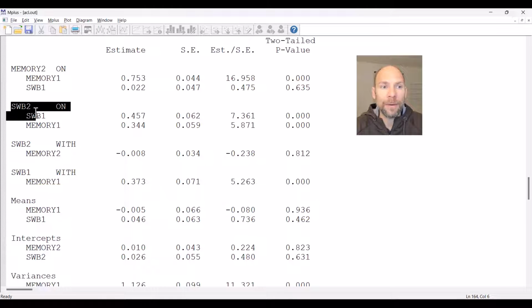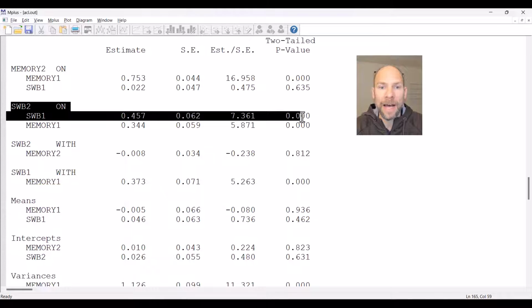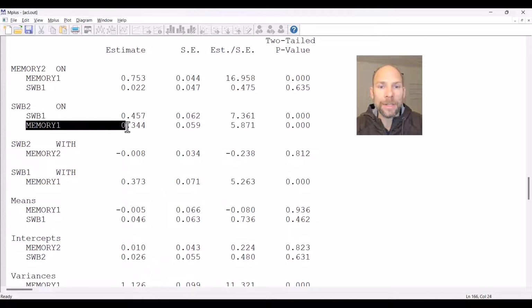For subjective well-being, we find that there's also a significant autoregressive path here. 0.457 is statistically significant. So there's also significant stability in subjective well-being scores over time, as we would expect. And in addition, there's also a significant cross-lagged path. So memory performance at time 1 influences subjective well-being at time 2 above and beyond the autoregression.